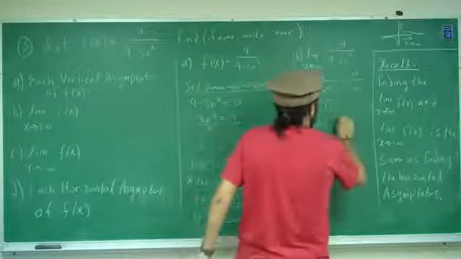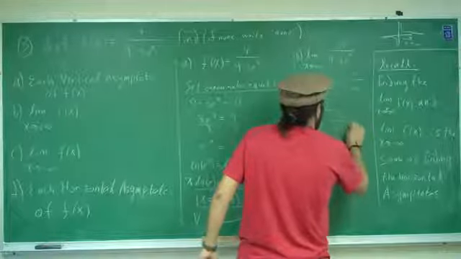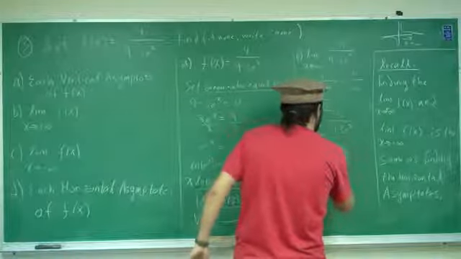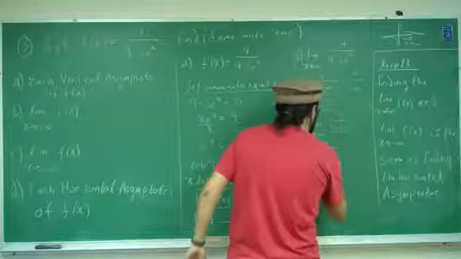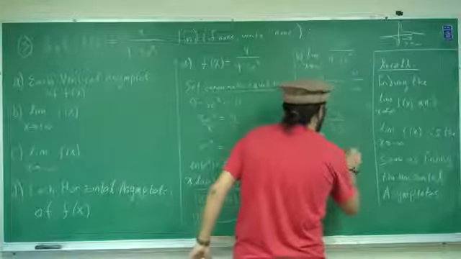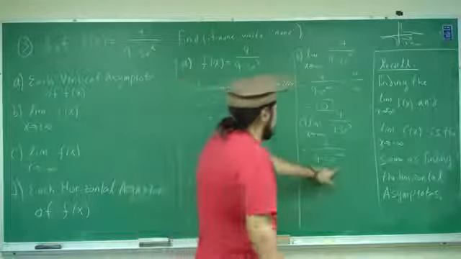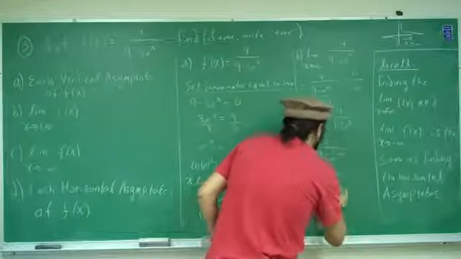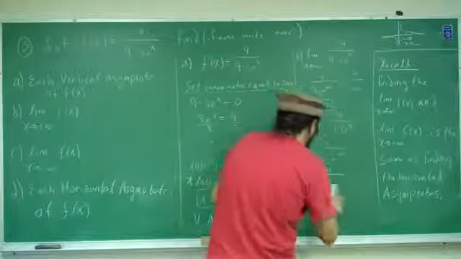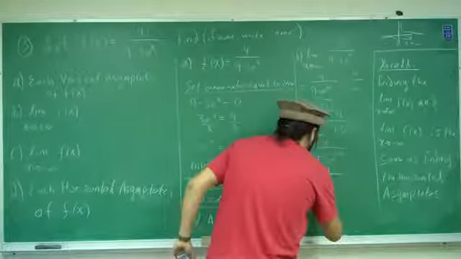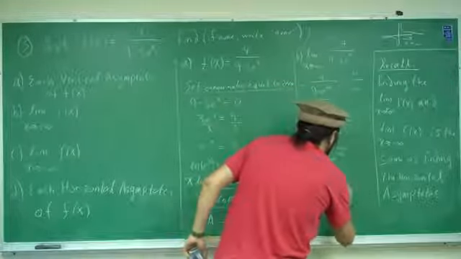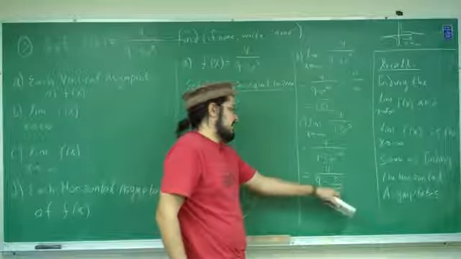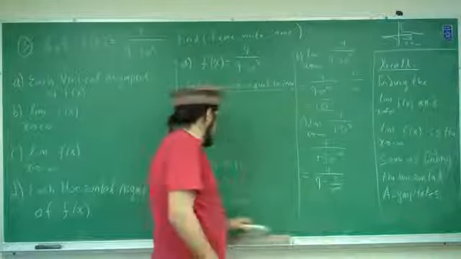Let's rewrite that: 9 minus 3e to the x. We plug in negative infinity now, and we get 4 divided by 9 minus 3e to the negative infinity. This is the same thing as 9 minus 3 divided by e to the infinity, since I can bring that negative down and it becomes positive infinity.